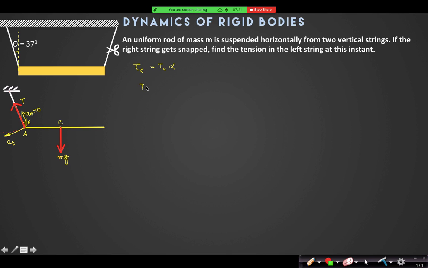It's T cos theta into L by 2. That should be equal to IC alpha. What is IC? ml square by 12. So I can say that T cos theta is equal to ml by 6 alpha. The first equation I can write like this.